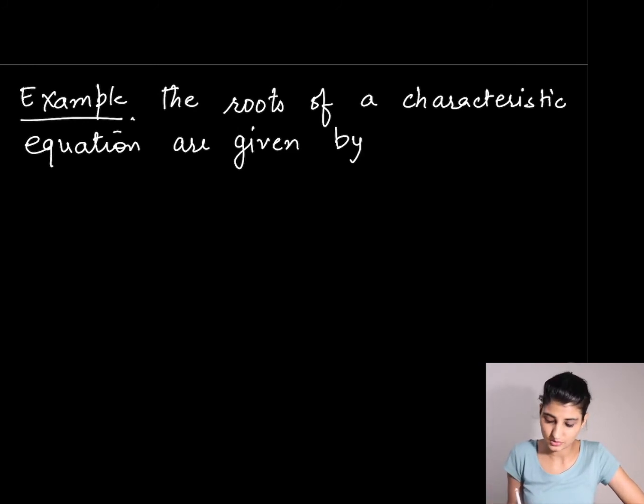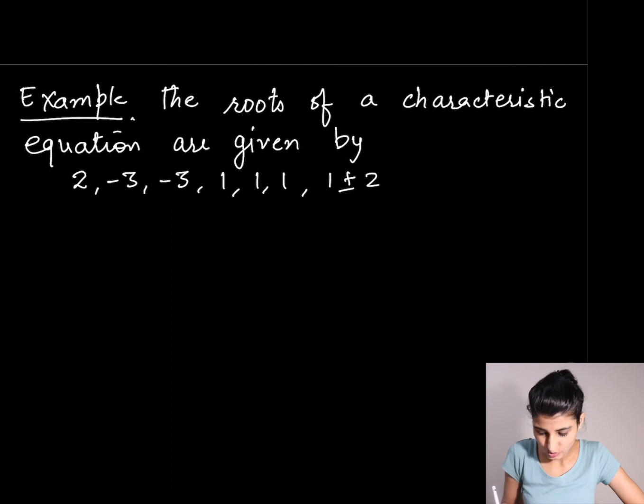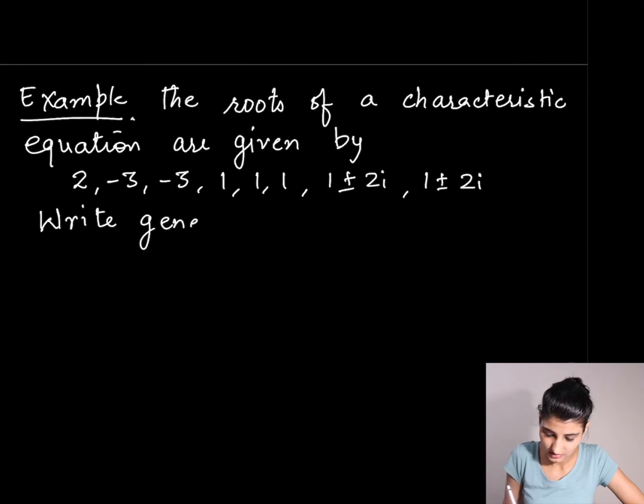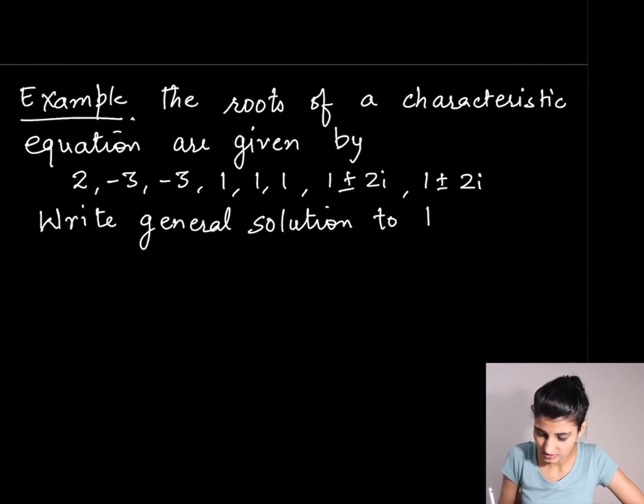I'm directly writing the roots, so you don't need to find out the roots in this example. 2, -3, -3, 1, 1, 1, 1 plus minus 2i, 1 plus minus 2i. Write the general solution to this homogeneous differential equation.